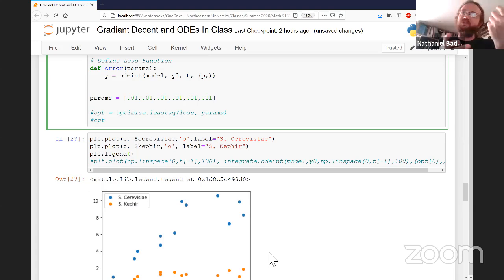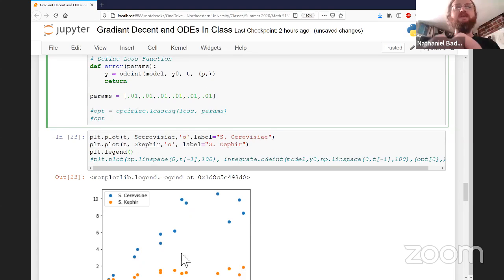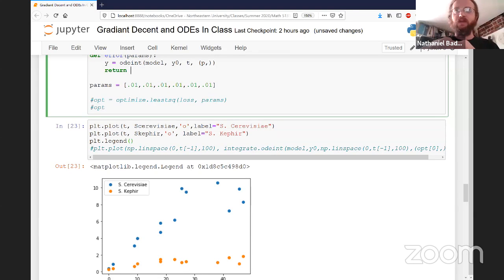Do we want to weight one stronger? Do we want to make sure we fit one, but we don't care too much about the other? In this case, we just want to weight them the same because we're trying to fit both populations. But you can even see here how that could be a bit of a problem, right? If the variance in the lower population is significantly lower than the variance in the larger population, just because the larger population is a factor of 10 larger, then we could get some weirdness in the weighting.